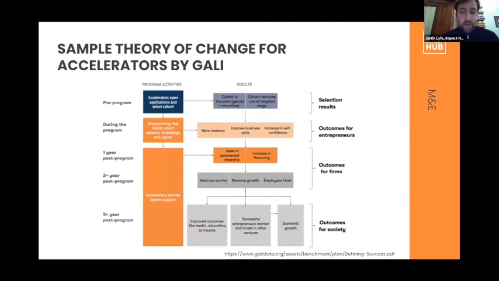And then 5 years after the program, you're looking more at these larger outcomes for society, which would not be so much within the scope of an individual program measurement, but would be rather the wider impact, which I'm sure you're all familiar with as M&E experts.